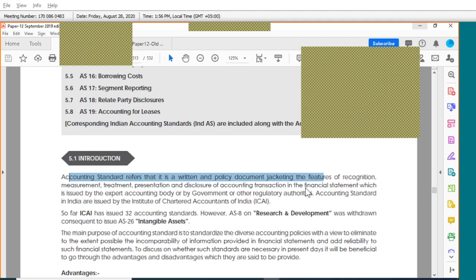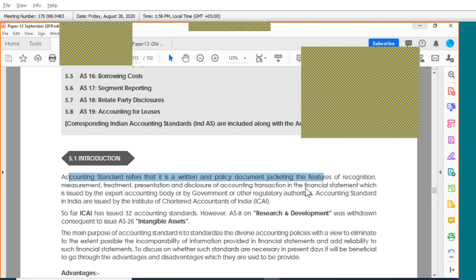So classification, good. So the point is, recognition means I did something in my company. Whether I should recognize that in my books of accounts or not. You got it or not? What I'm saying? I did something in my company.